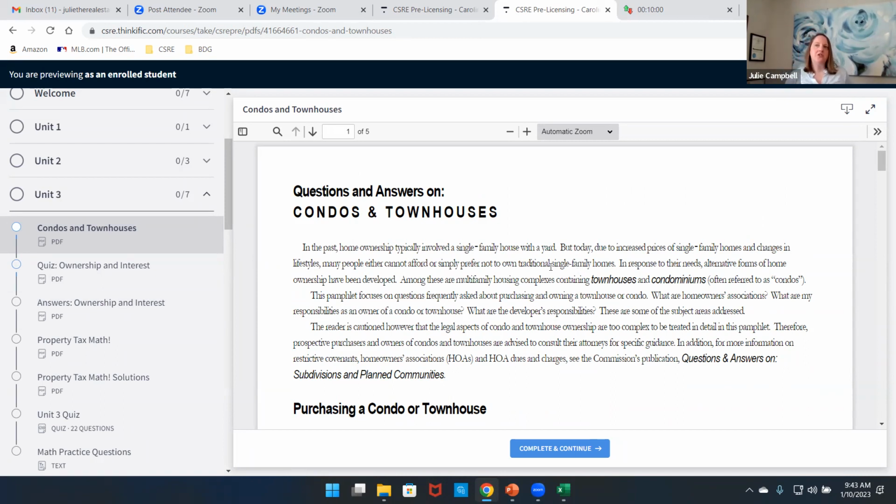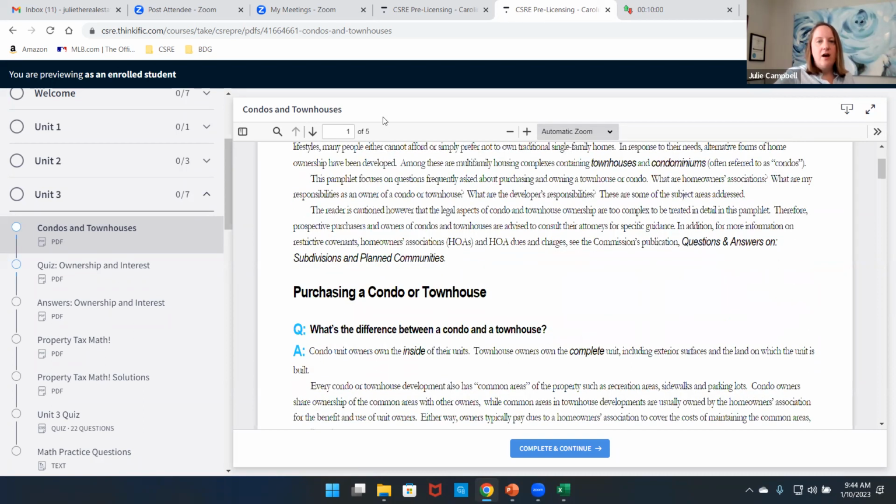The Real Estate Commission has provided a good amount of Q&A brochures on various topics. And for those that relate to what we talk about in class, we've included these in the online learning system as another resource to help you kind of wrap your brains around this information. So here's a Q&A on condos and townhomes.